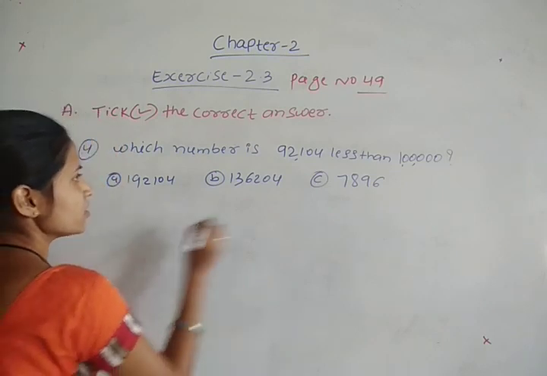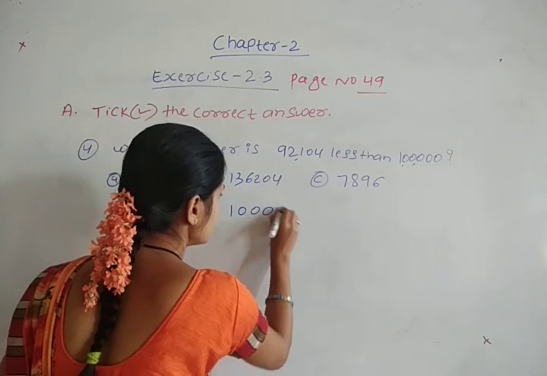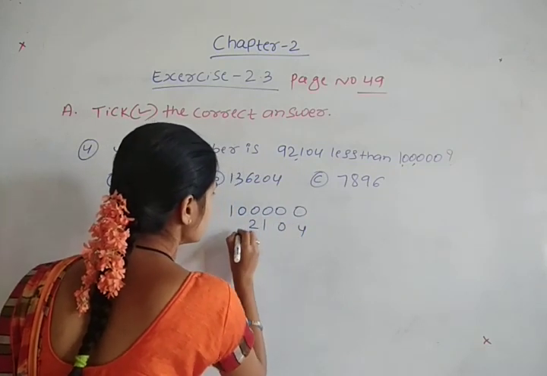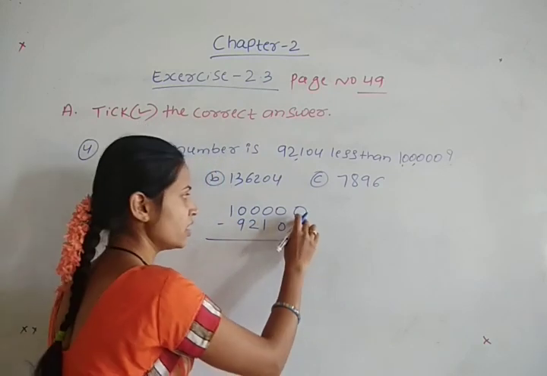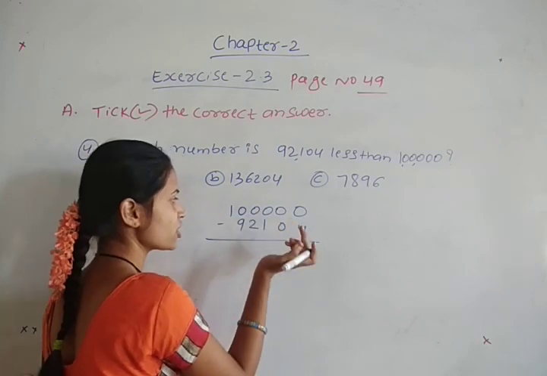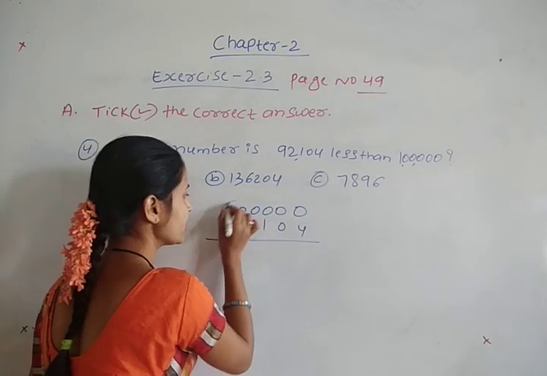Now let us subtract. Here 0 minus 4 is not possible. Here also we have 0, here also 0, and here we have 10.